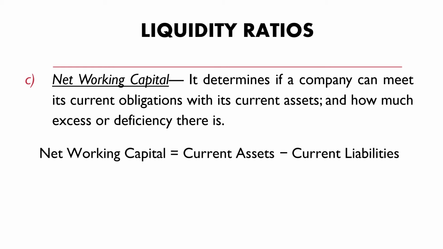The next liquidity ratio is the net working capital. It determines whether a company can meet its current obligations with its current assets and how much excess or deficiency there is. So the formula in finding the net working capital is the difference between current assets and current liabilities.